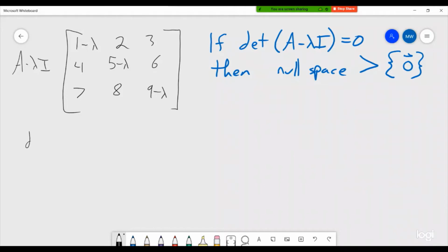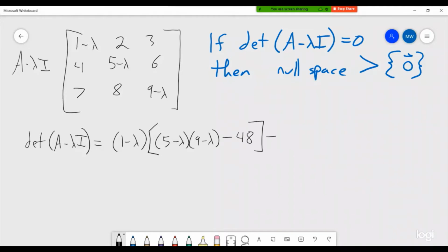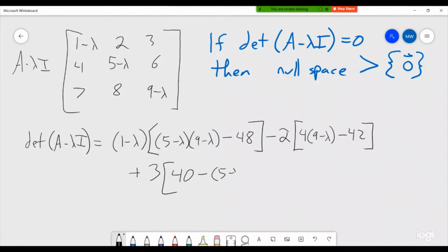So if we look at the determinant of A minus lambda I, that's going to give us 1 minus lambda times (5 minus lambda)(9 minus lambda) minus 48, minus 2 times (4 times (9 minus lambda) minus 42), and then plus 3 times (40 minus (5 minus lambda) times 7).